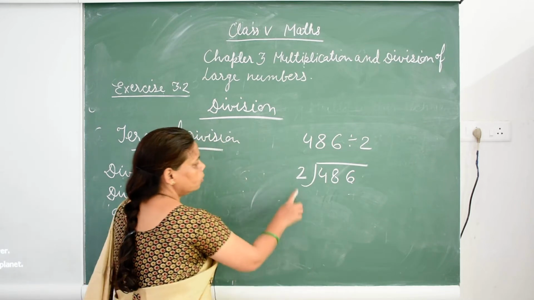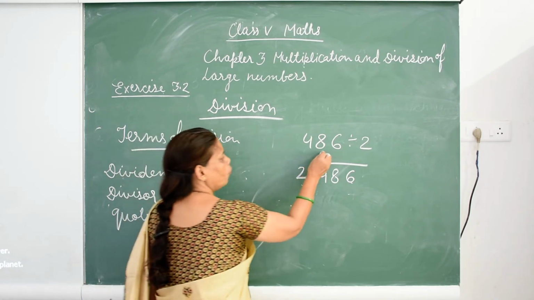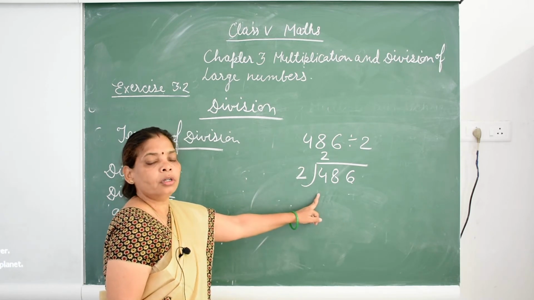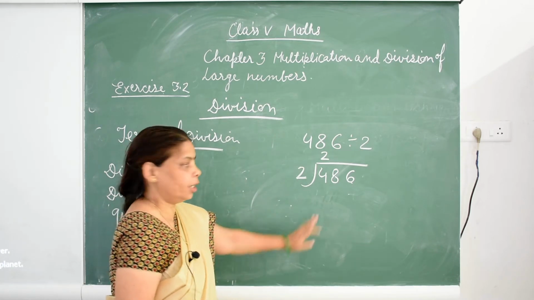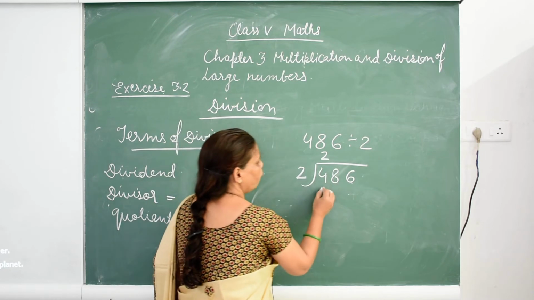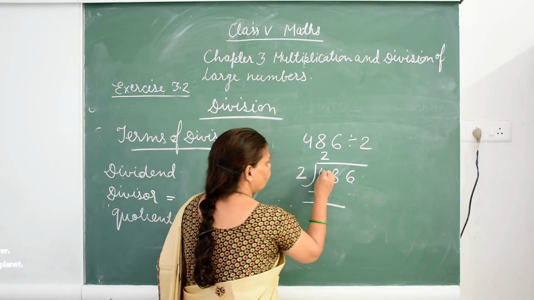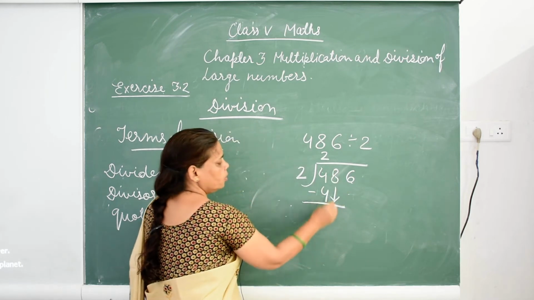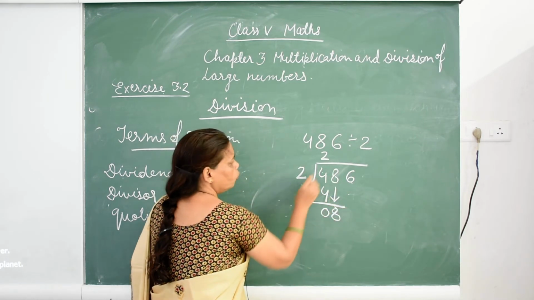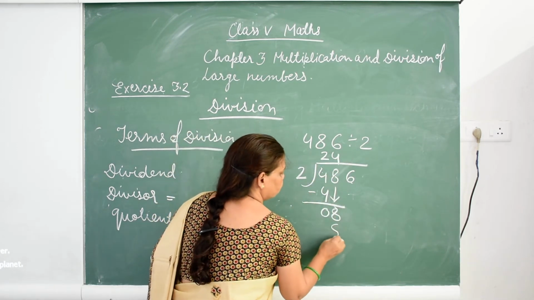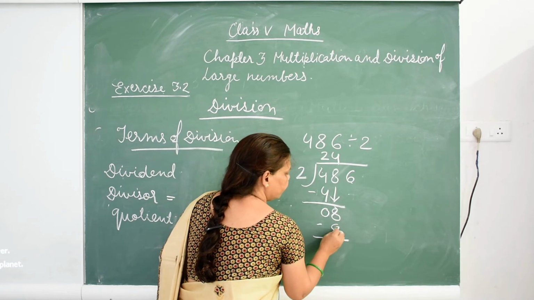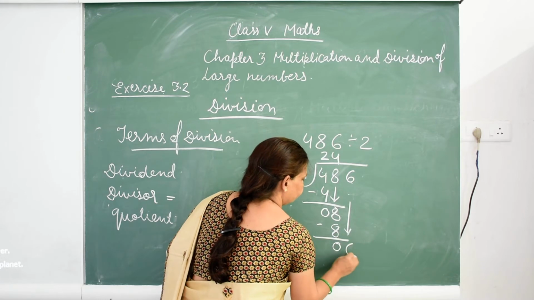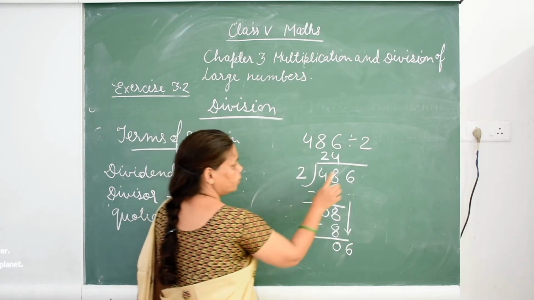Understand? Now 2 twos are 4. We will take a number equal to the dividend or less than the dividend. So 2 twos are 4. Minus it. 4 minus 4, 0. We will take 8 here. Now 2 fours are 8. Minus it. 8 minus 8, 0. Again 6. So 2 threes are 6.